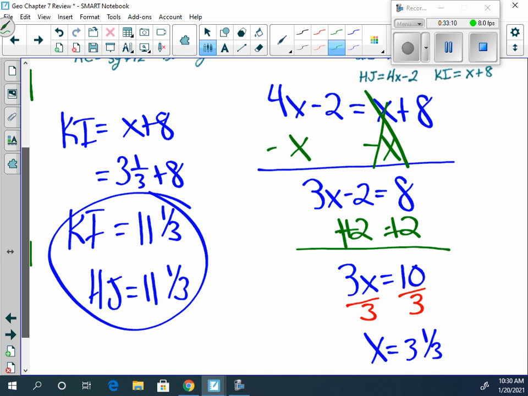We set those two lengths equal to each other, solve for the value of y, and plug it back in. So are we good with 51 through 56? Are we good with finding those angles and side lengths? Yes. Okay.